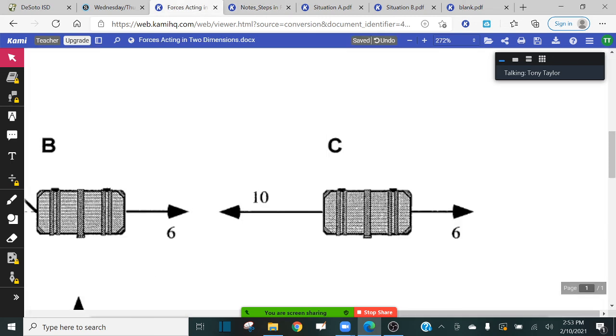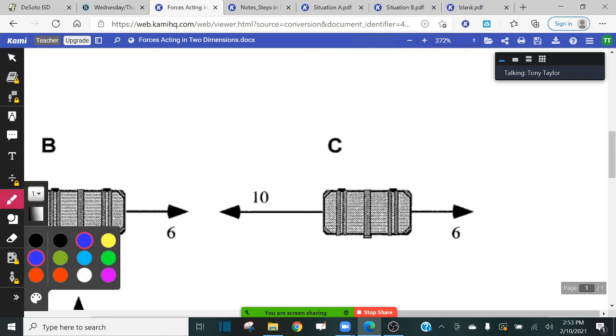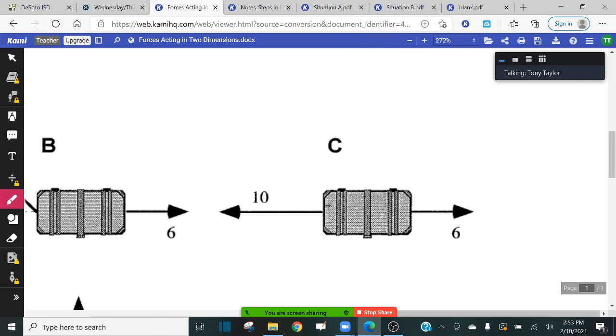But guys, look at this situation right here. We don't have to use trigonometry to label our x and y components, because they're both not diagonal vectors.